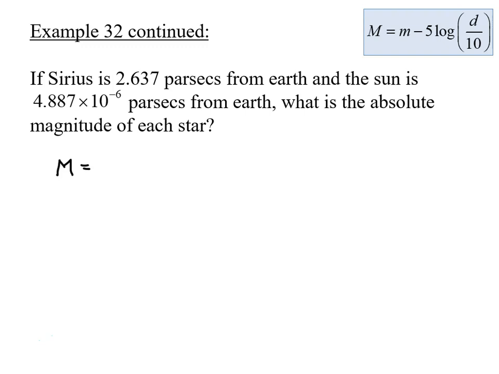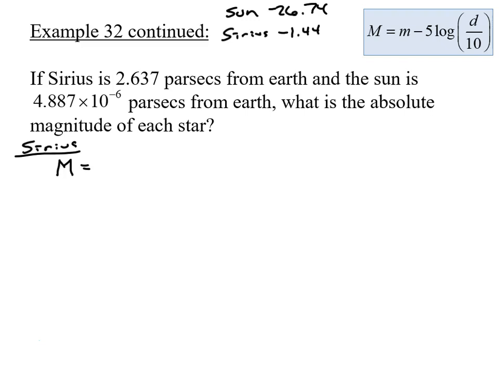So the apparent magnitude of the sun was negative 26.74, and of Sirius was negative 1.44. So we can use those in our formula. Now we'll do Sirius first.